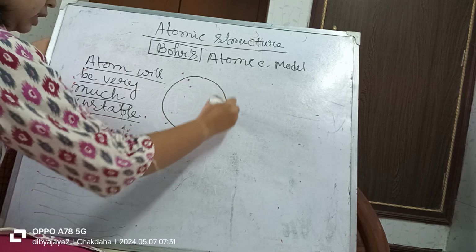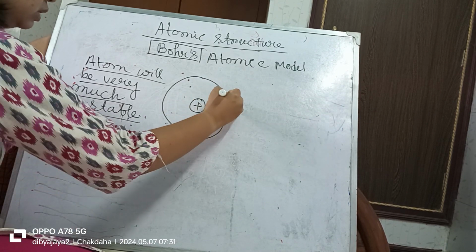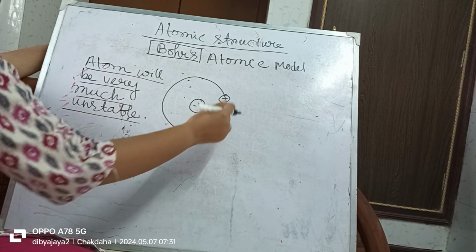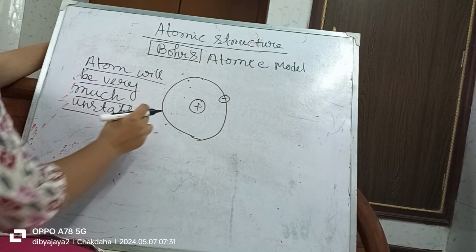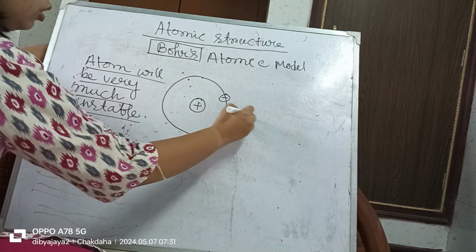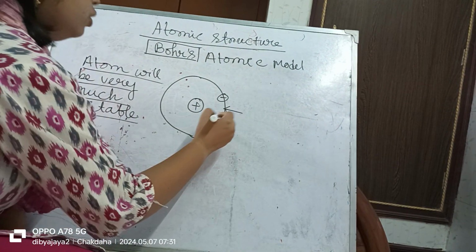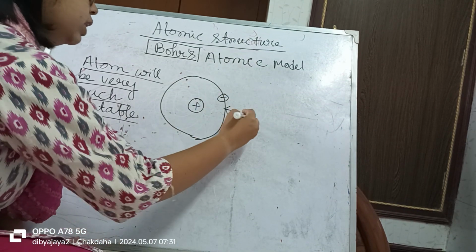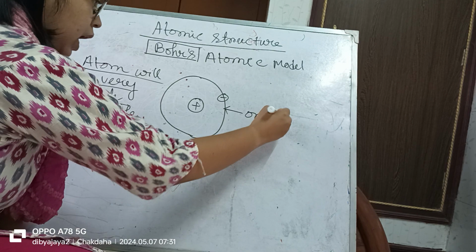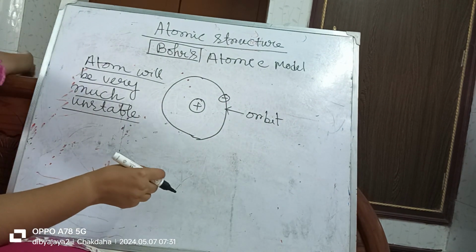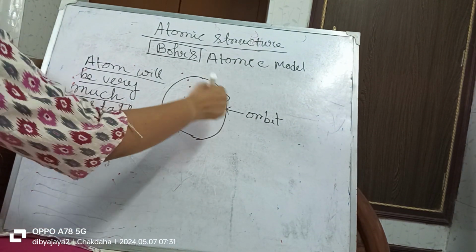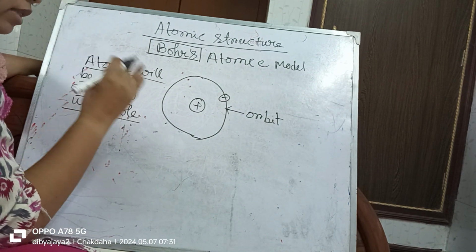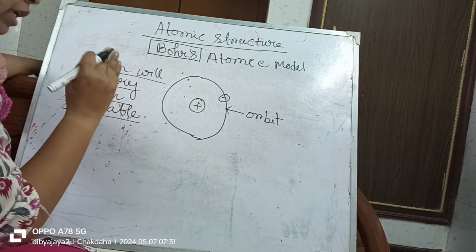This one is the basic structure of an atom. This one is the nucleus, and the electron is revolving. When the electron is revolving in this circular path, this is called an orbit. The first postulate is this: when an electron is revolving in a particular circular path, called an orbit, it neither emits nor gains any energy.